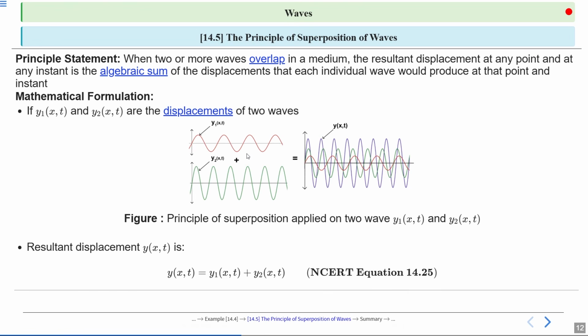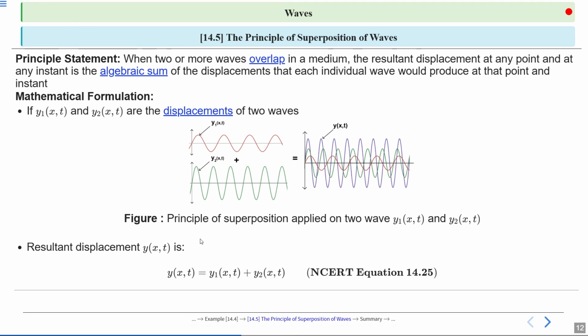Resultant displacement y of x t is y1 x of t plus y2 x of t. Their amplitude is increased after addition. All right. So this equation is very important.